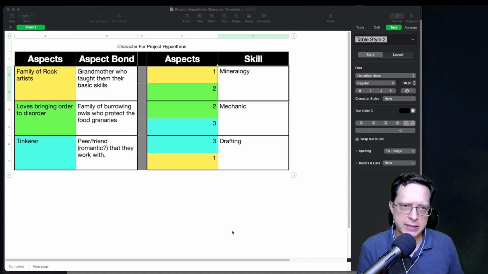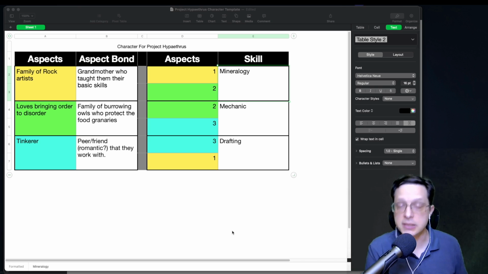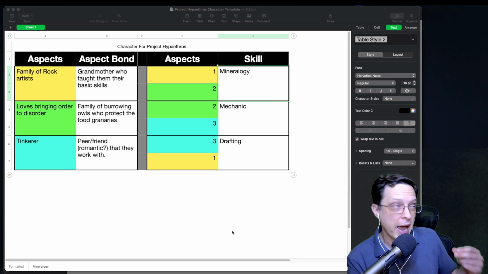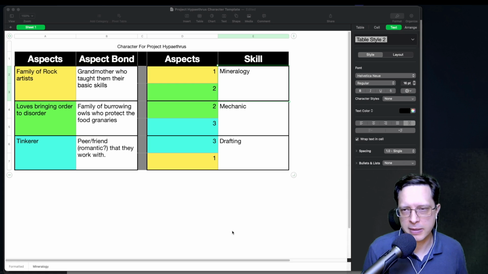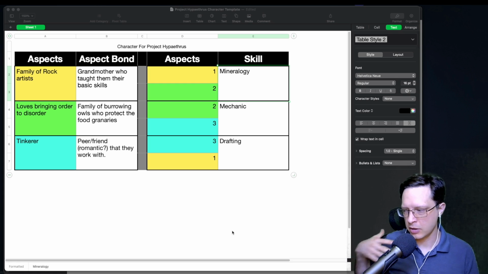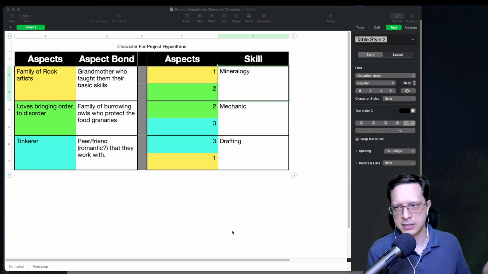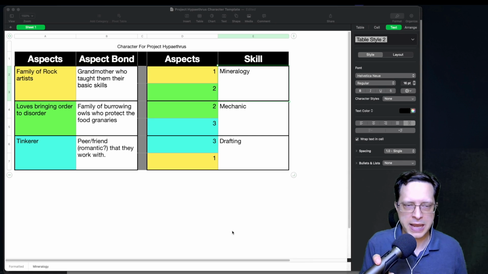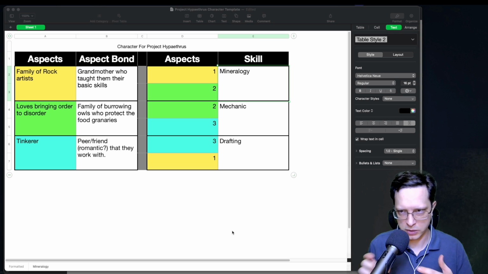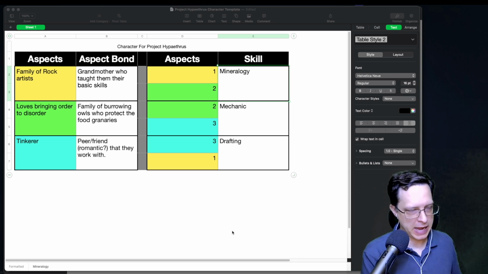And because of that, I'm thinking their grandmother taught them those basic skills, so they have a strong bond with their grandmother. I haven't decided whether or not the grandmother's still alive, because that's another thing about the aspects: the relationship does not necessarily die with the person. The impact or the type of relationship that you might have with that character can continue to exist after they have passed away.